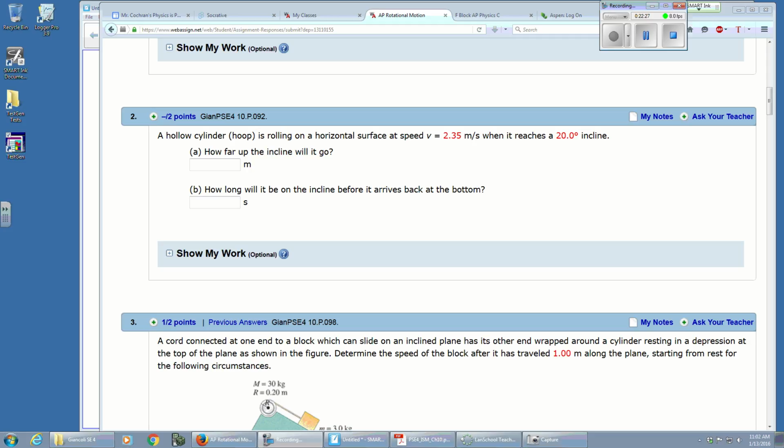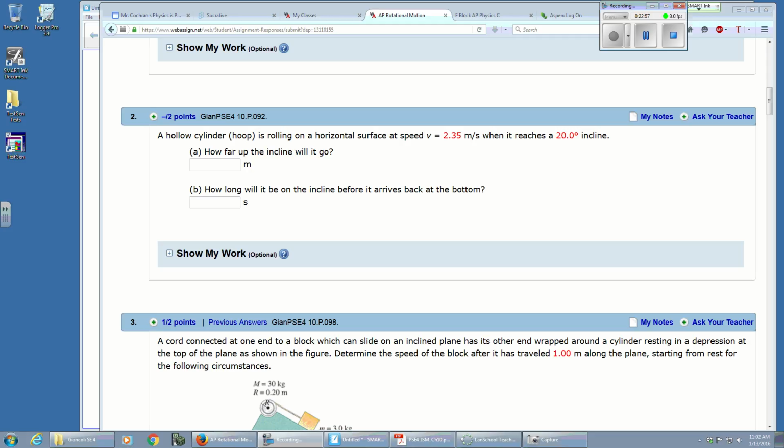You know that the identity omega times r equals v holds because it's not slipping. And then look at how much gravitational potential energy it could gain.